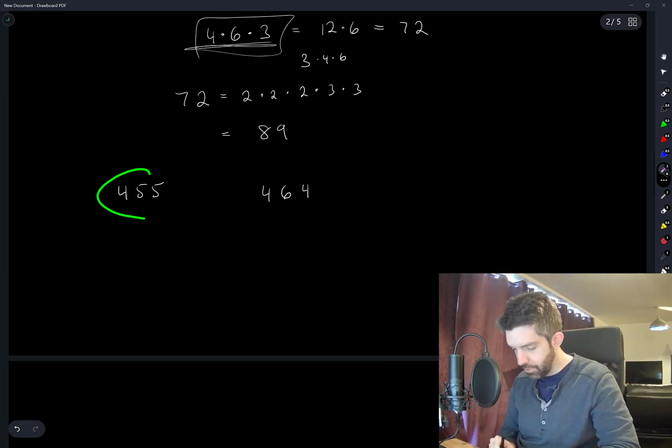There's not going to be a 3-digit number greater than 455 because then the product of the digits would be greater than 100. So let's look for a 4-digit number.